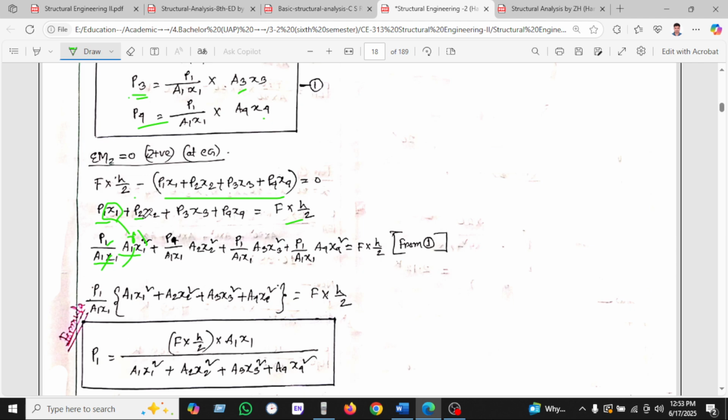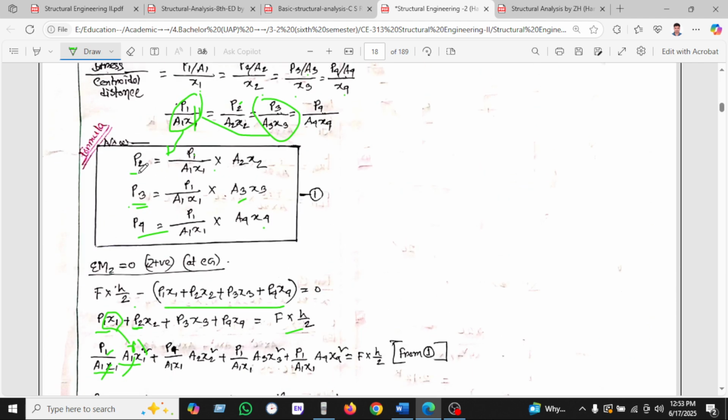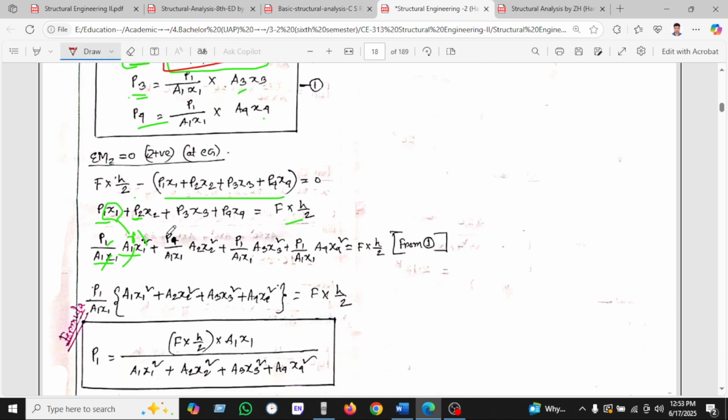So if we take P2, we have found the below P2. This is the below P2. I'm just changing the color. This is the below P2. So we are adding here P1 A2, P1 divided by A1 x1, A2 x2, and it will be multiplied with x2, and this will be x squared.